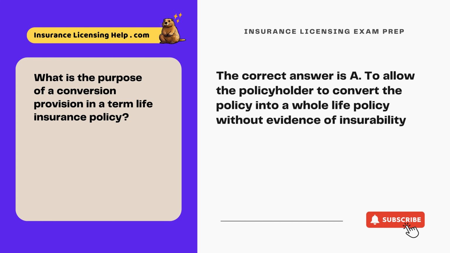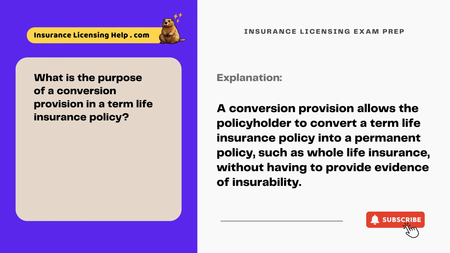The correct answer is A. To allow the policyholder to convert the policy into a whole life policy without evidence of insurability. A conversion provision allows the policyholder to convert a term life insurance policy into a permanent policy, such as whole life insurance, without having to provide evidence of insurability.